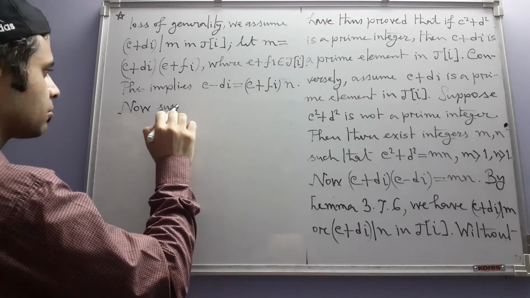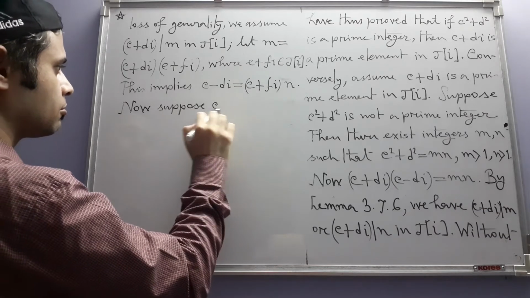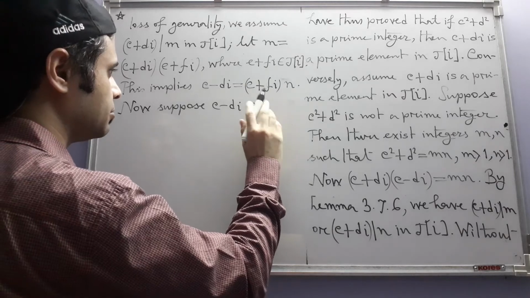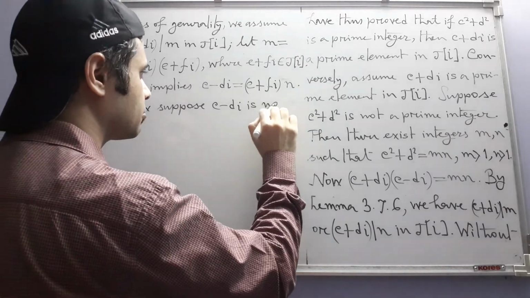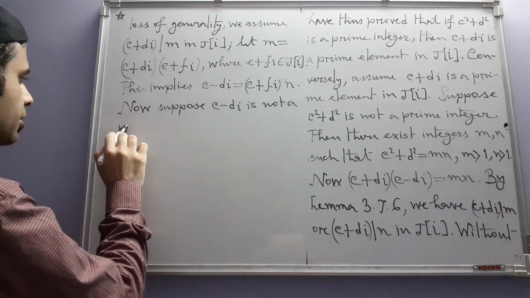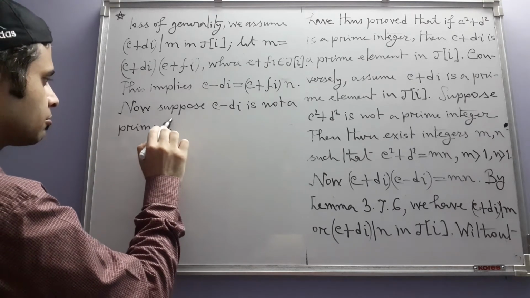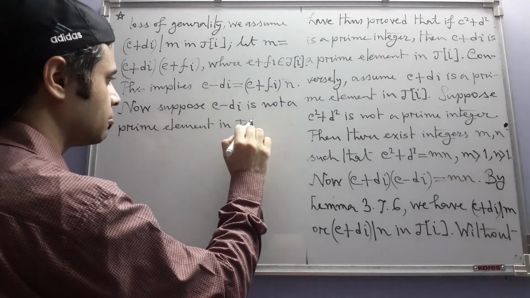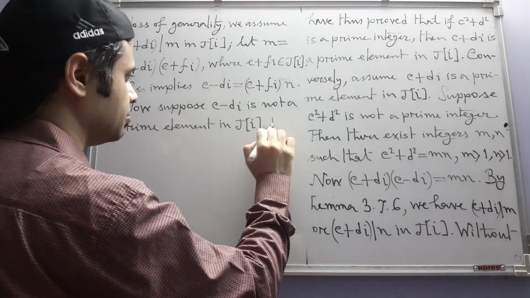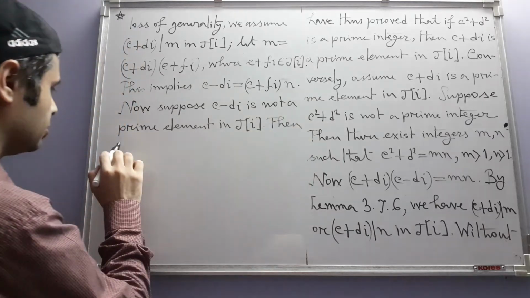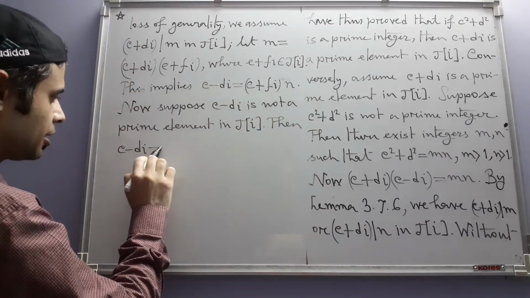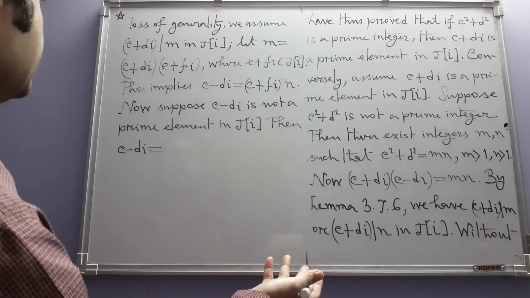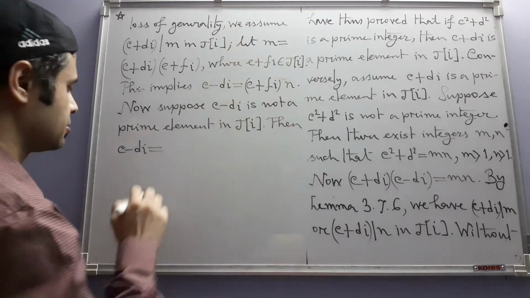Now, suppose C minus di is not a prime element in Z[i], then C minus di, but now we cannot take alpha, beta, those things, because we have already taken them somewhere before this.